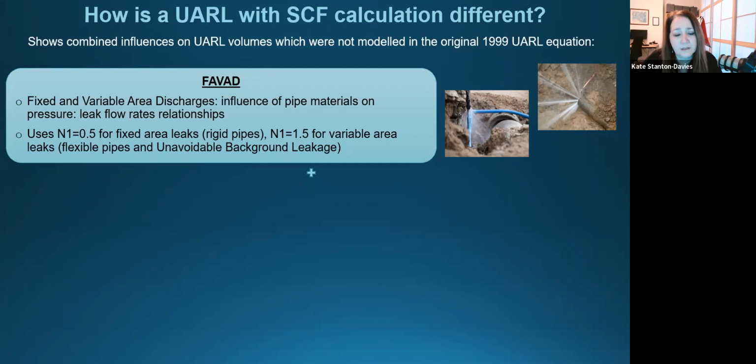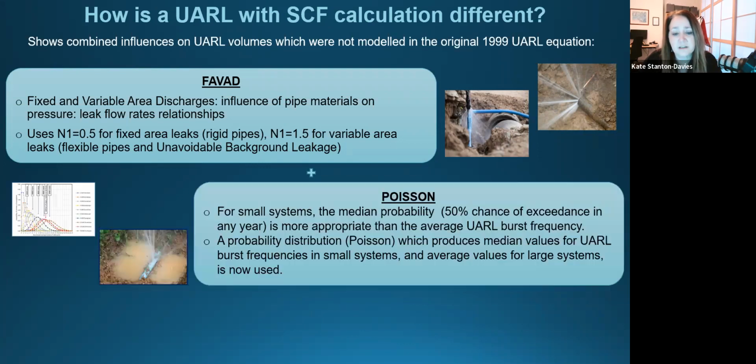The second influence that it takes into consideration is the influence of small systems on burst frequencies. So in small systems, in any one year, you may not get any UARL bursts. And so what the Poisson distribution does is it models the median or 50% chance of exceedance in any year, the median values for UARL burst frequencies, rather than the average.